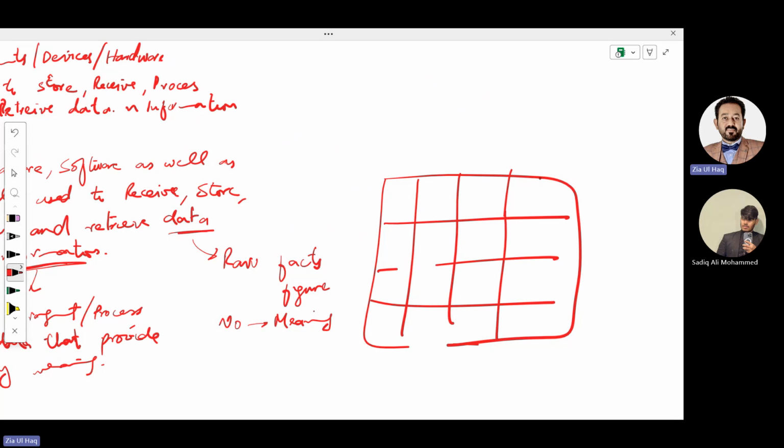Like I prepare the matrix like this. I recorded the marks 10, 20, 15, 17 like that. This is called data. I mean, these are the raw facts and figures that I have just collected. So this will be called data. It provides no meaning. It's just a raw facts figures table.